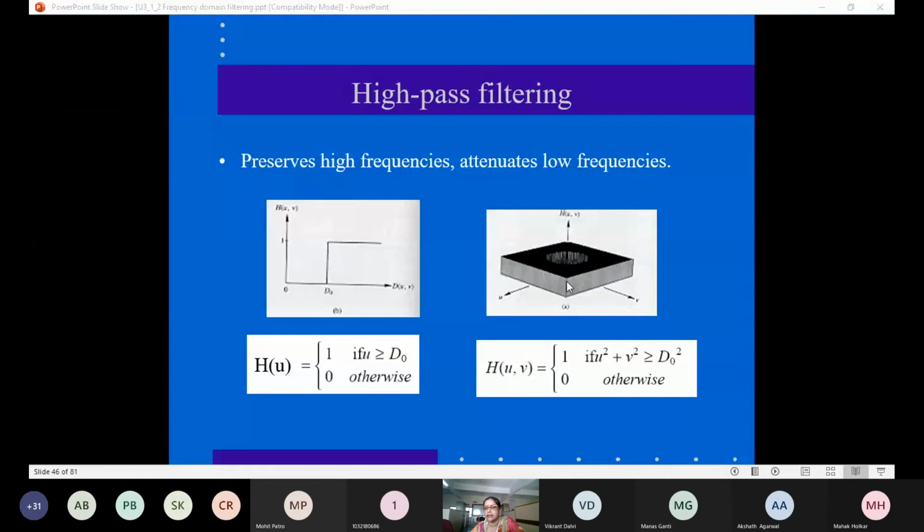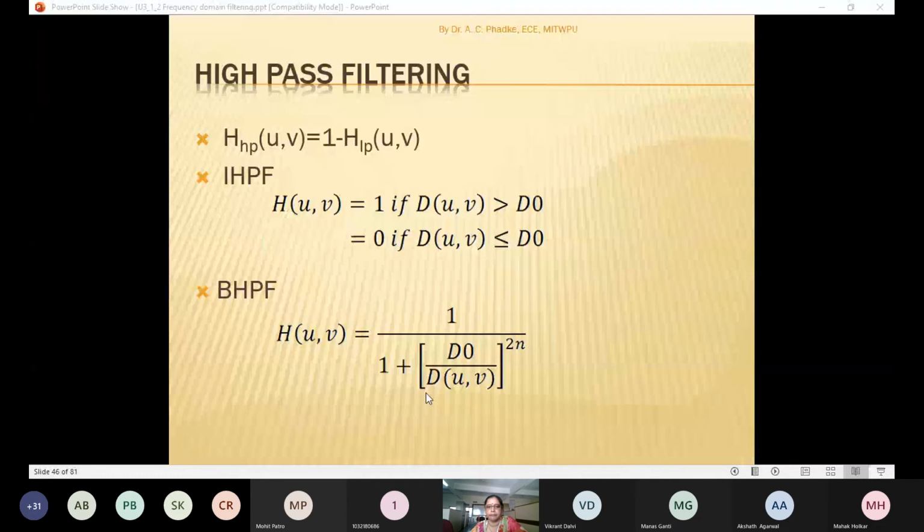When we consider it for images, we have two frequency axes, U and V, so the filter coefficients are denoted as H(u,v). H(u,v) is 1 if u squared plus v squared is greater than or equal to D0 squared. So outside the cylinder the gain is 1, and inside the cylinder H(u,v) is 0. So this is your ideal high pass filter.